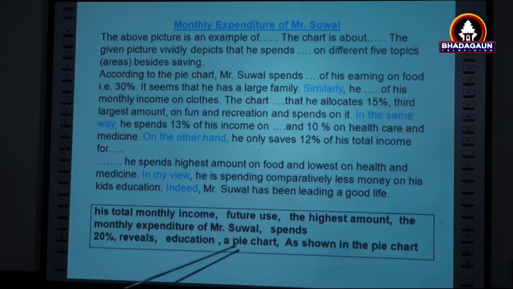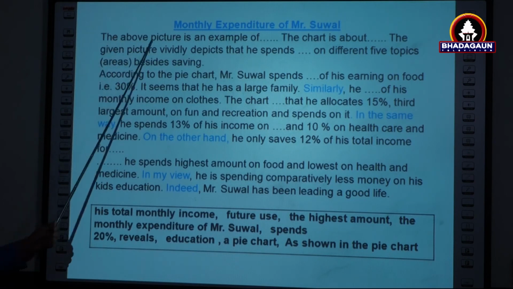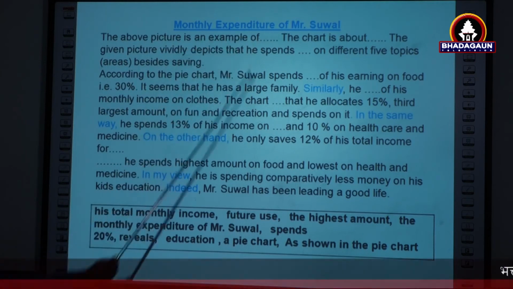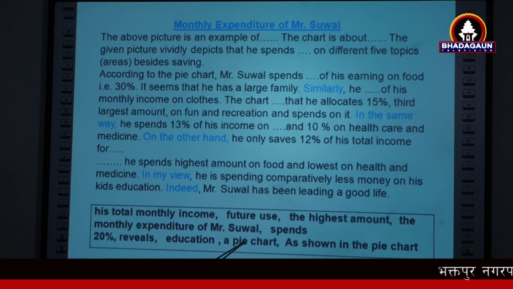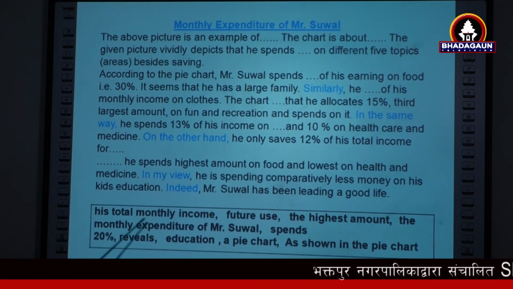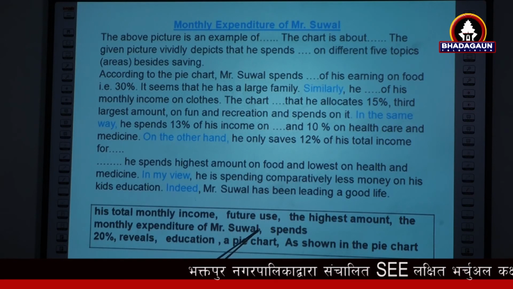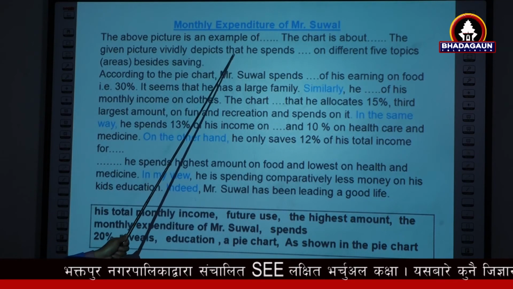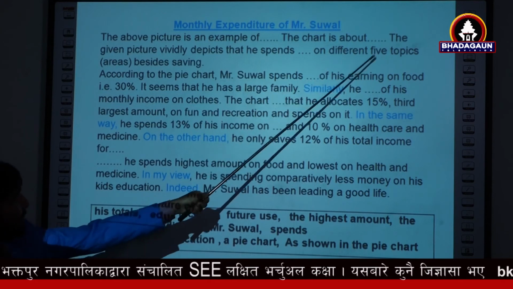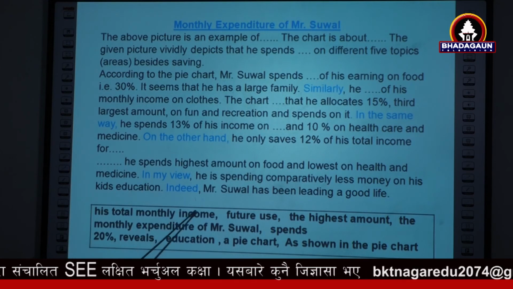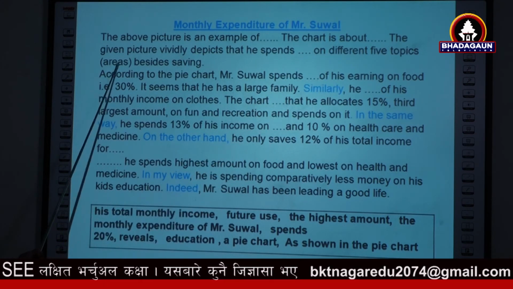So what can be the first blank space answer? The above picture is an example of what? Of a pie chart, right? The chart is about the monthly expenditure of Mr. Sual, right? So the given picture vividly depicts that he spends his total monthly income on five different topics besides saving.